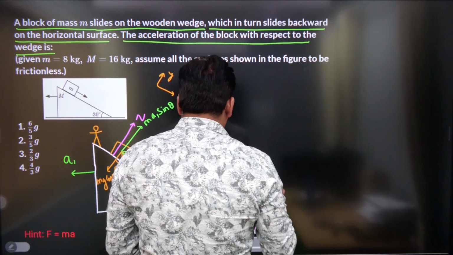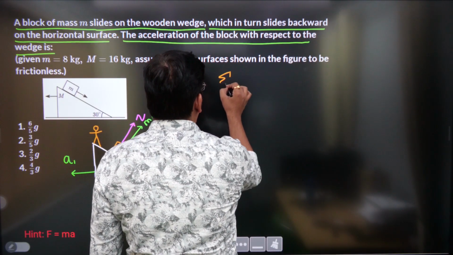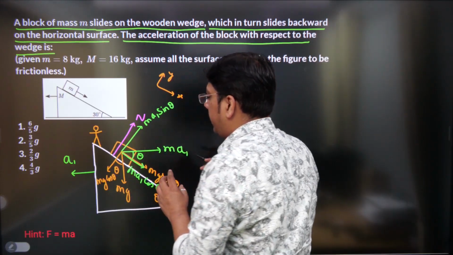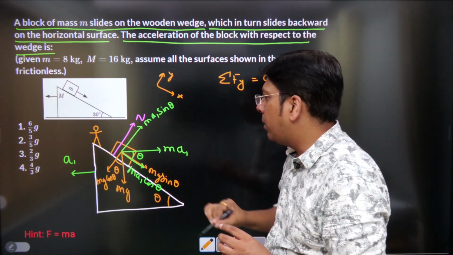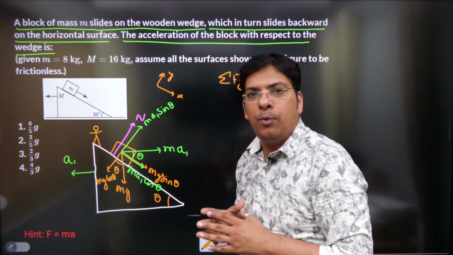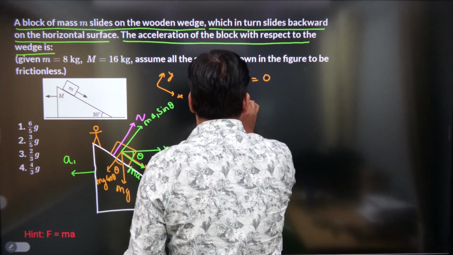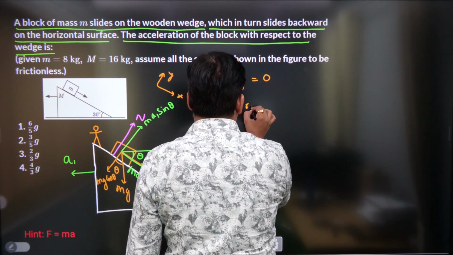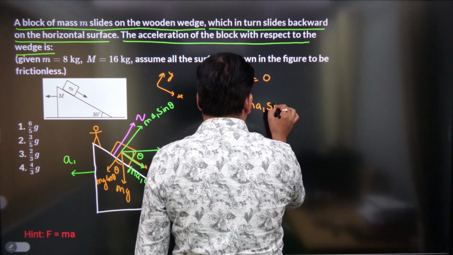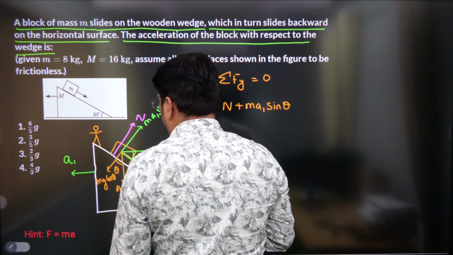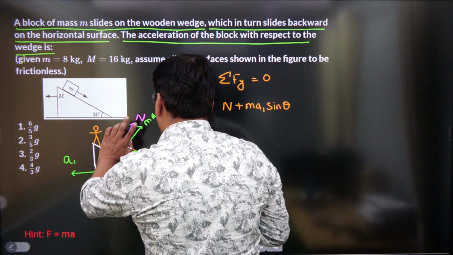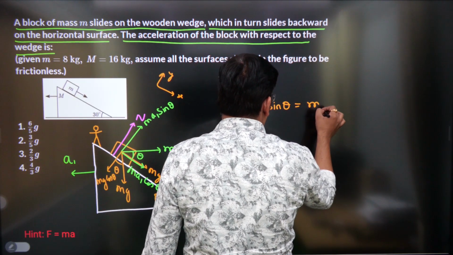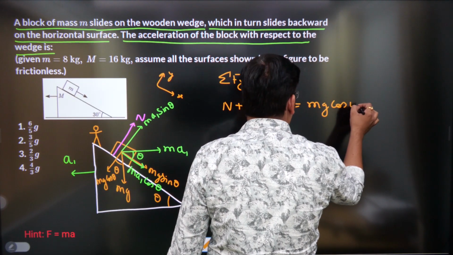So summation Fy must be 0. First thing to understand would be, obviously we are doing the FBD, free body diagram, for the block, and writing the force equation for the block. Now normal reaction is in the upward direction, it is positive. ma1 sin theta must also be positive, and they together should balance mg cos theta, dear students.